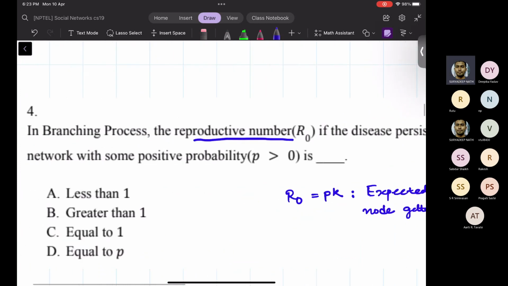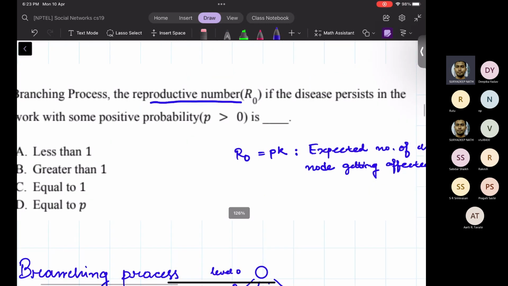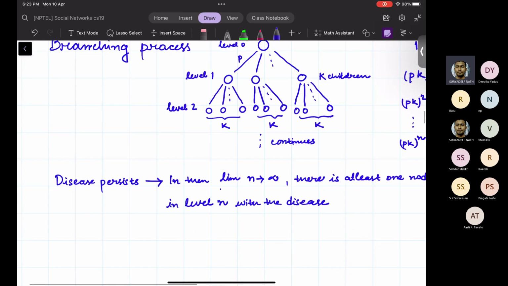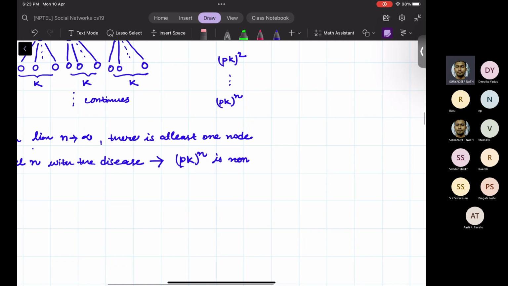Now this PK is the reproductive number. If P is greater than 0 and K is greater than 0, then if the disease persists in the network with some positive probability, it means that PK to the power n is positive and finite.